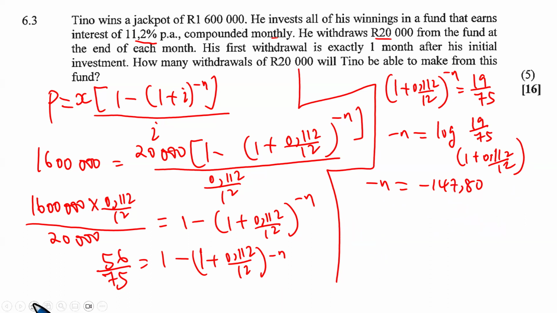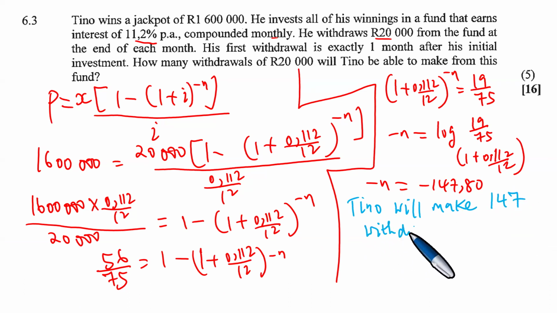The conclusion is therefore that Tino will make 147 withdrawals of 20,000.